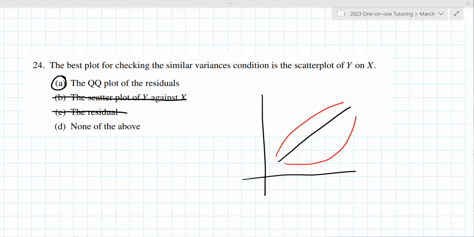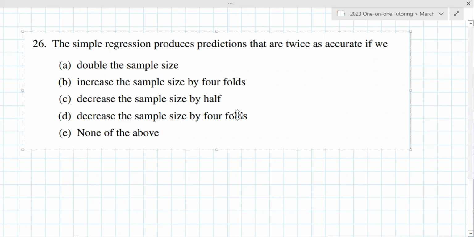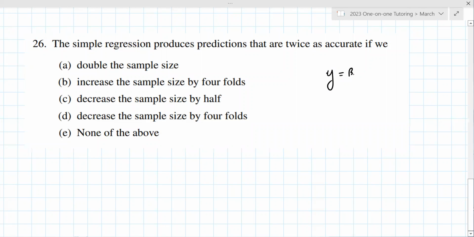25 here. Okay, the simple regression model. So that's like simple linear regression. I believe so. That's your y equals b0 plus b1x.